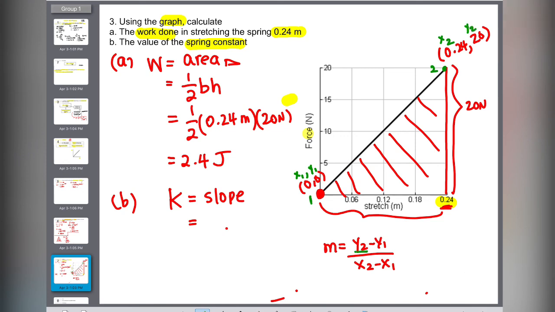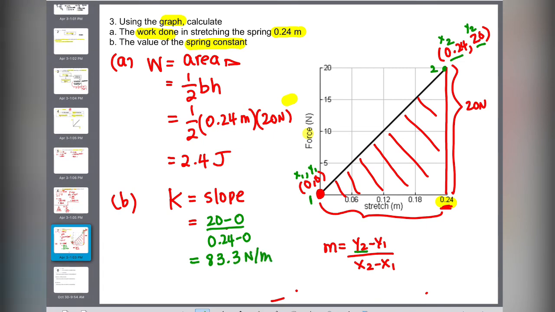So from the equation, y2 is 20, subtracting y1, which is 0, divided by x2, which is 0.24, minus x1, which is 0. So 20 minus 0 is 20. 0.24 minus 0 is 0.24. So 83.3 Newton per meter. All right.